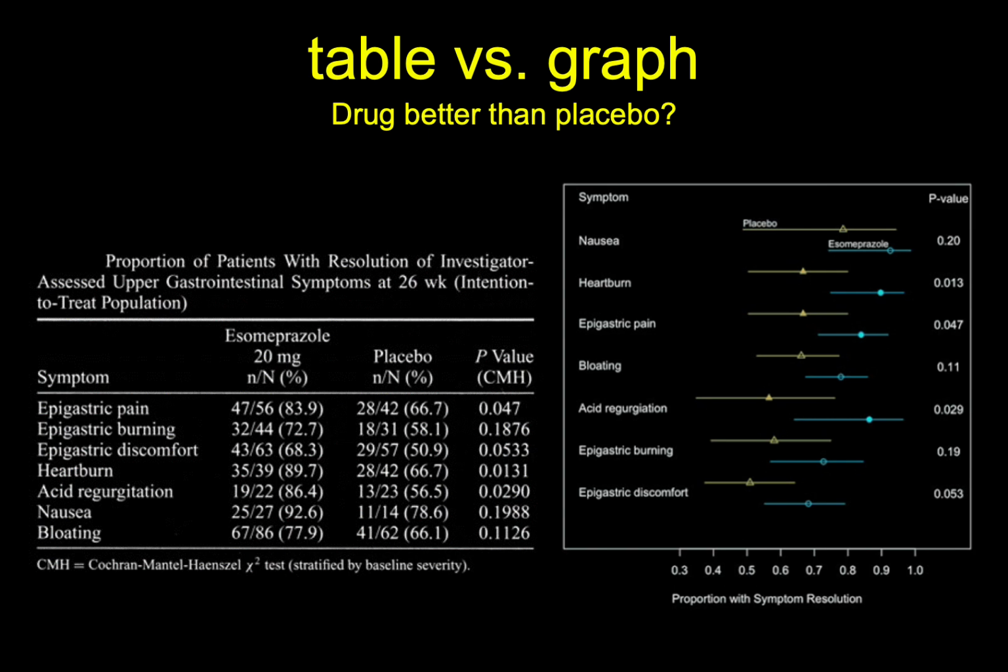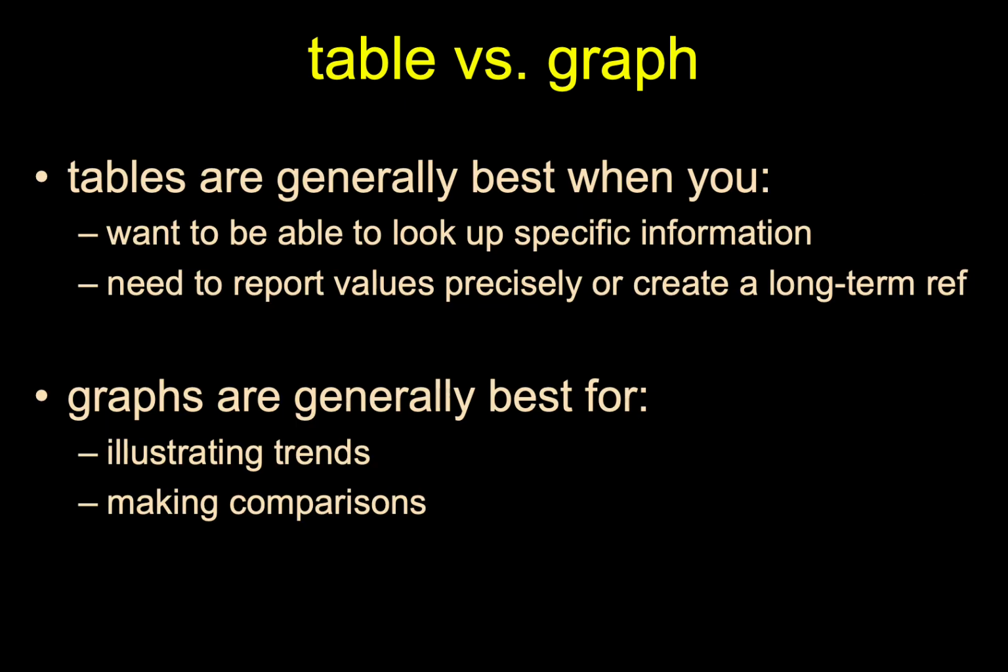Cool. So again, this is starting to get to the point when you start to make some of these higher-end decisions. There's not necessarily a right or wrong answer, right? There's probably a better answer and probably not, but it's not as if there's only one way to do this. In general, tables are going to be best when you want to look up a specific value.